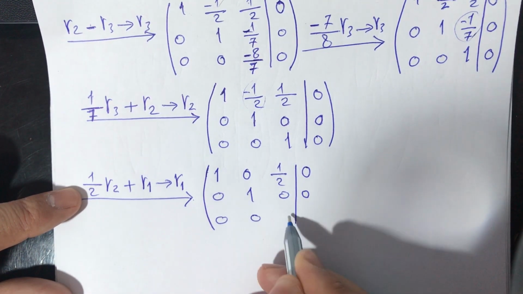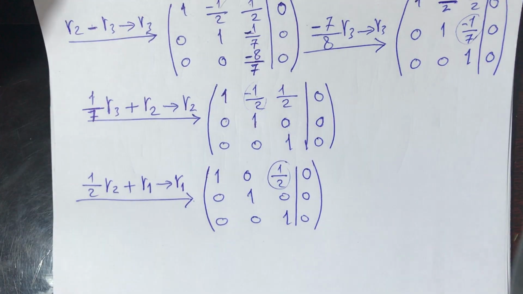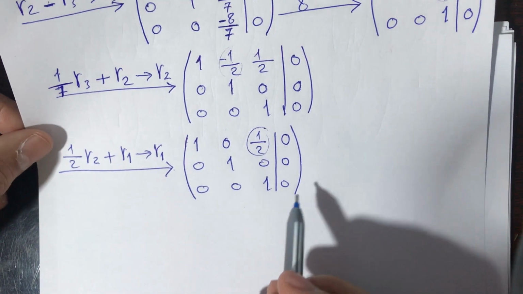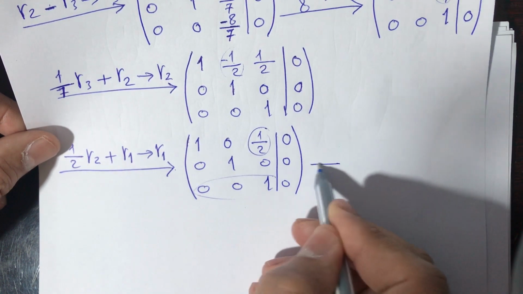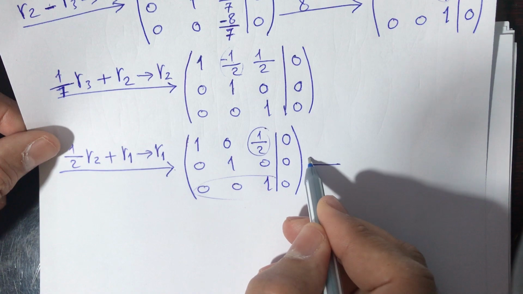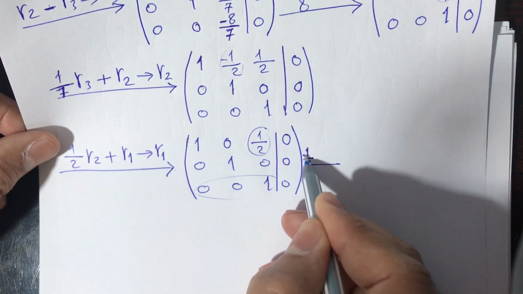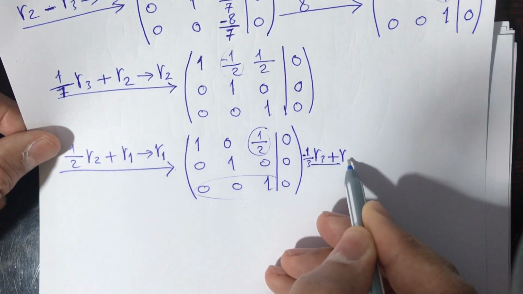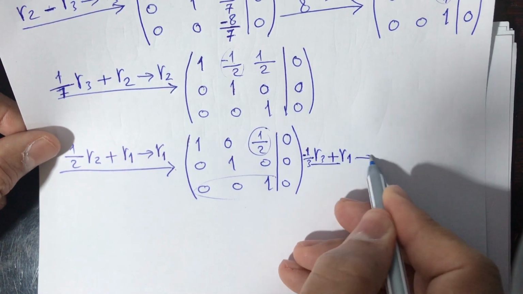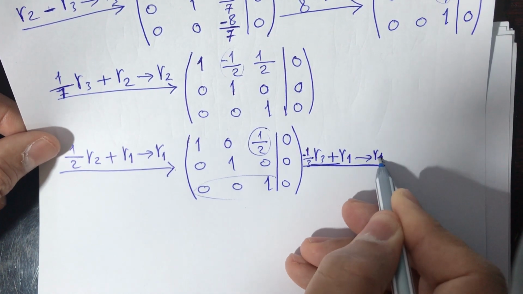Now make this 0 by using this row. So minus 1 half R3 plus R1, write in R1.